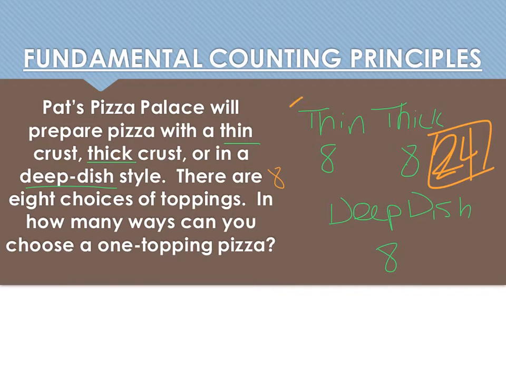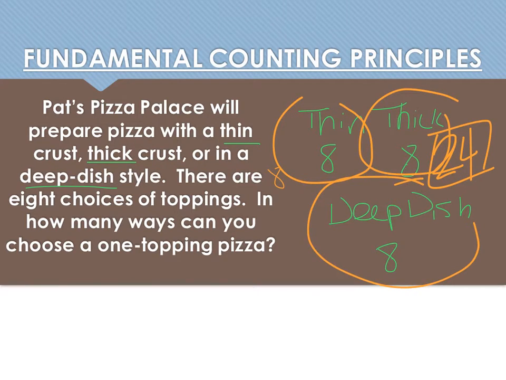Besides thinking through all the options for thin, all the options for thick, all the options for deep dish. Because some of these problems are going to get really big and really complicated, so we have to think of quicker ways to do it. So there were 3 options for crust style. There were 8 choices for toppings.